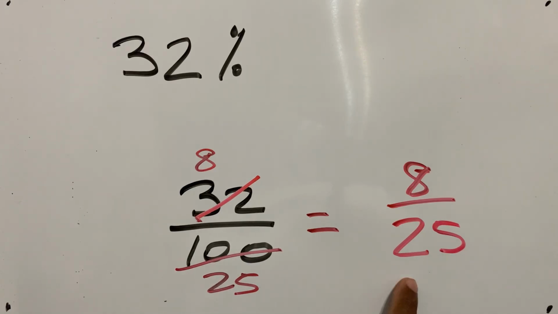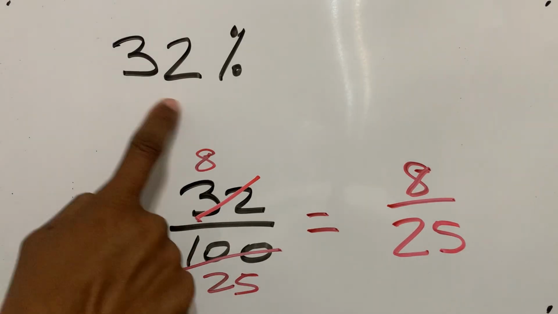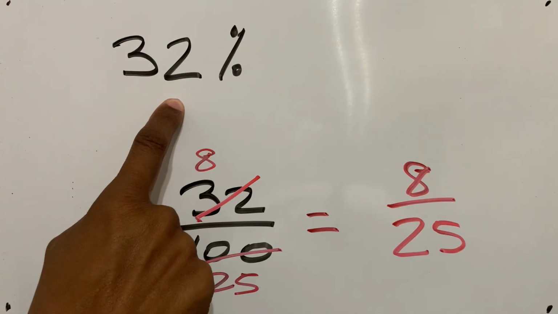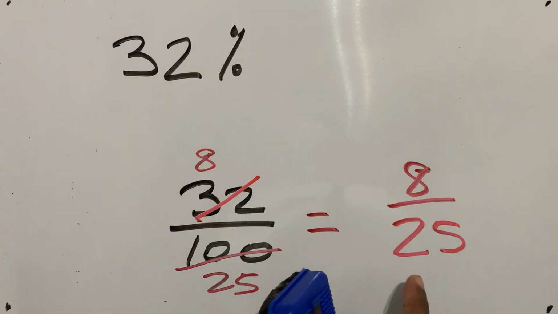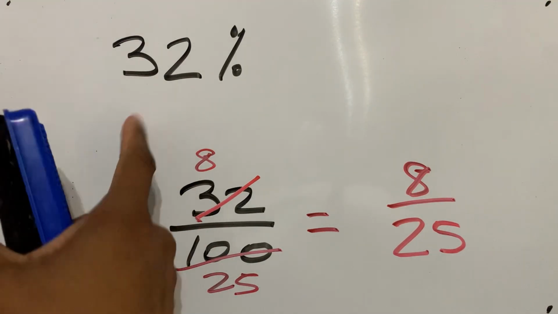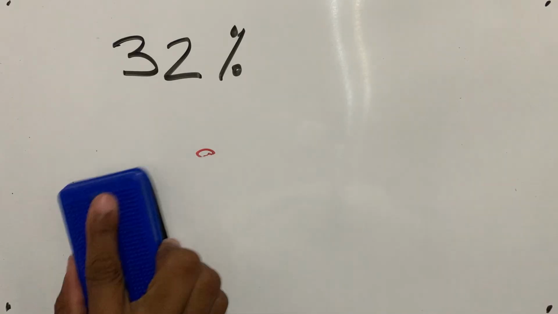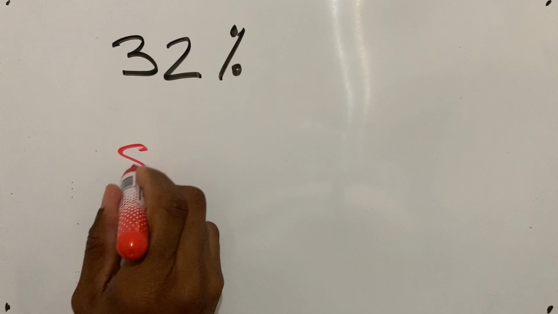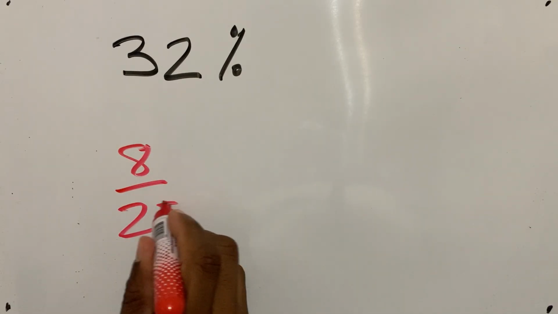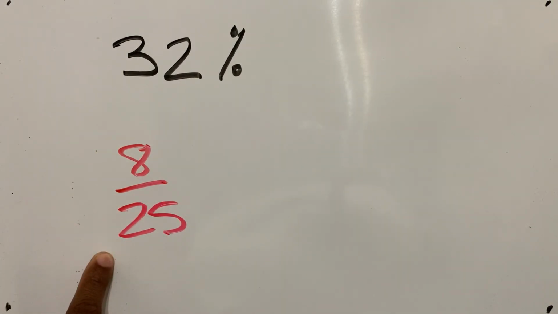That's our fraction that's equivalent to this percentage. Let's convert this fraction back to the percentage. Remember, it's 8 over 25. And how do we convert this to a percentage?